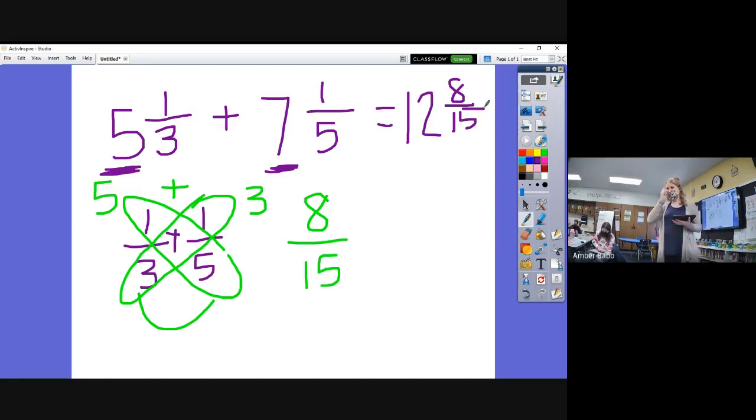Jason. Wait, so were we multiplying yesterday as well? This is how we did adding fractions yesterday. Don't let this blow your mind too badly. We're adding fractions, but we used butterfly multiplication to add. Now I know why I got almost everything wrong yesterday, because I wasn't multiplying.